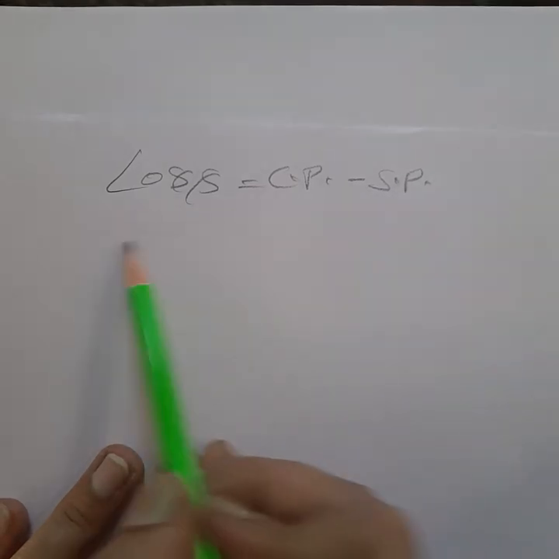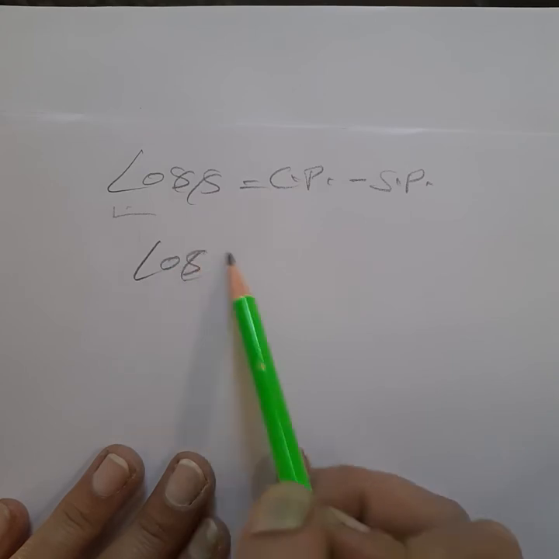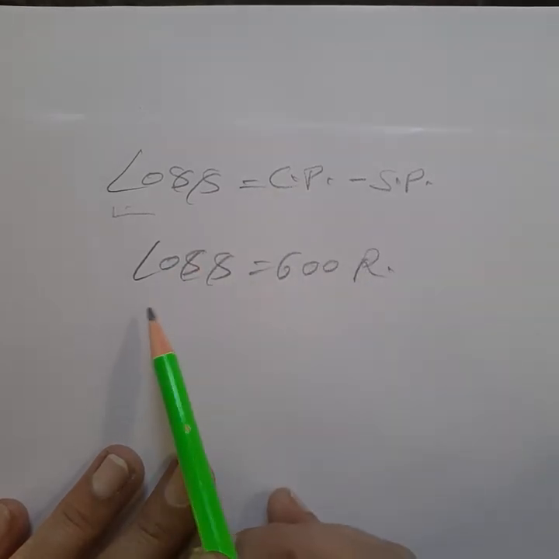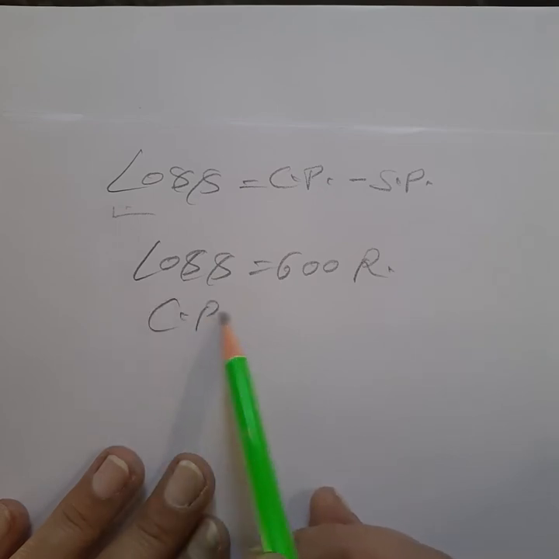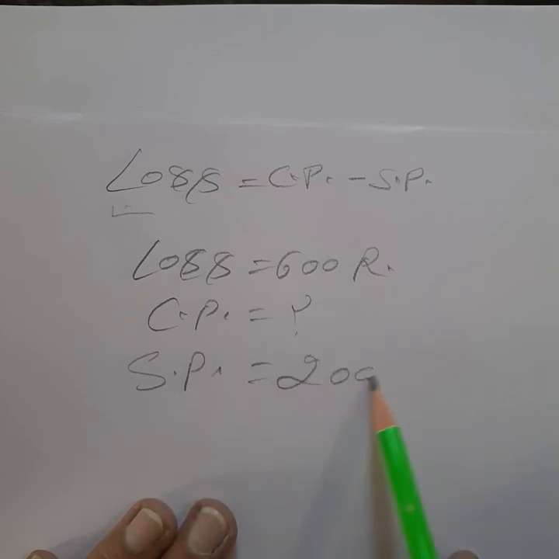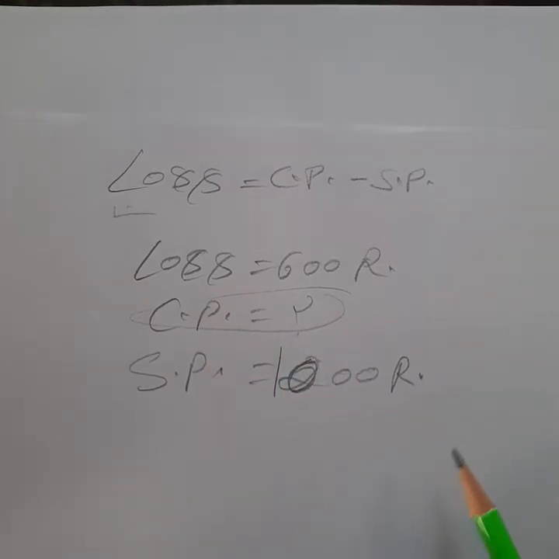Suppose the loss is given as 600 rupees, and you are not given the cost price, and the selling price is 1000 rupees. So how can we find the cost price? This is an objective type and basic question.